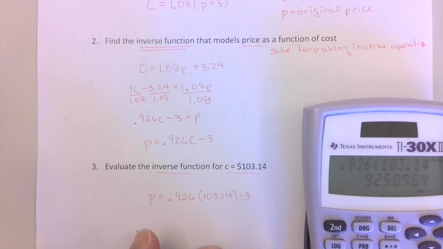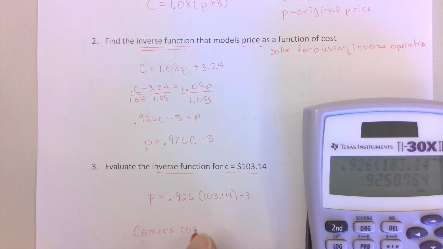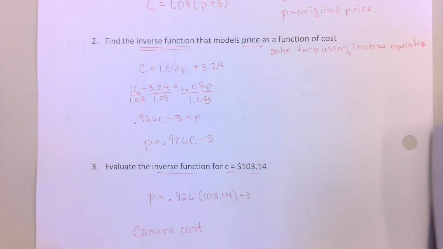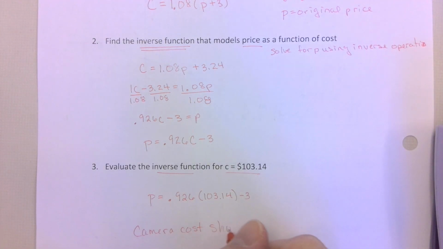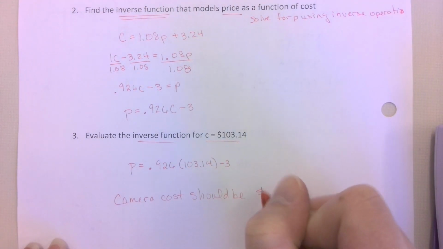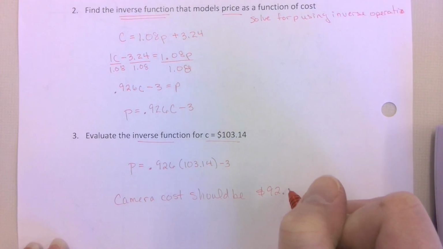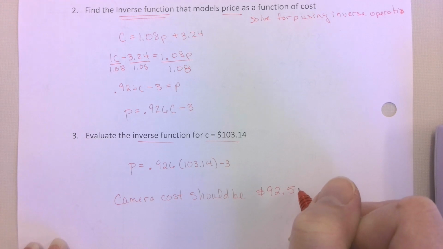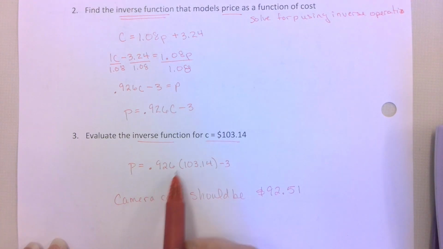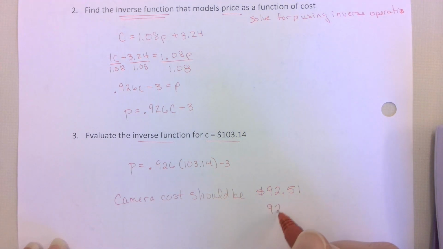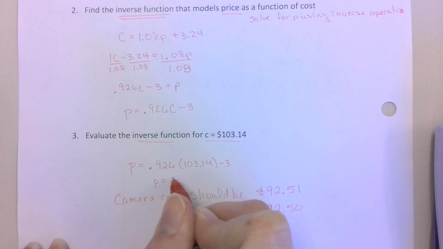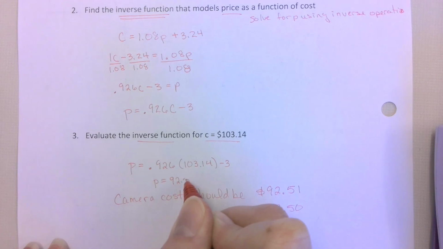So the camera should be $92, and I'm going to go ahead and round that to 51 cents. Depending on how you rounded this number, you might have just gotten it as an even $92.50. That is the price of the camera tag, not including tax.